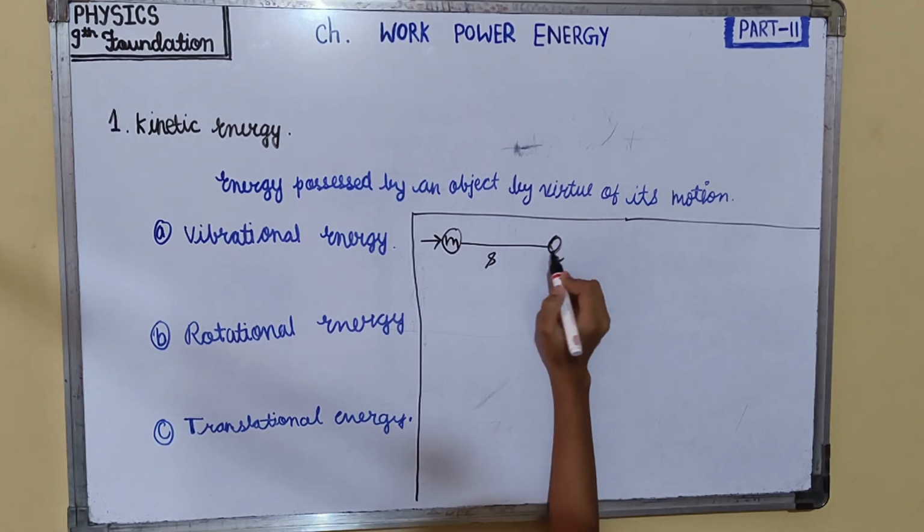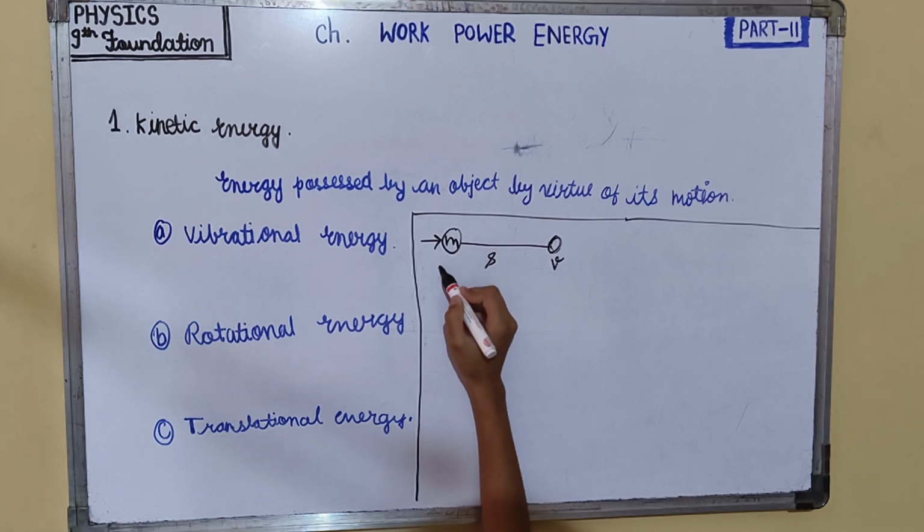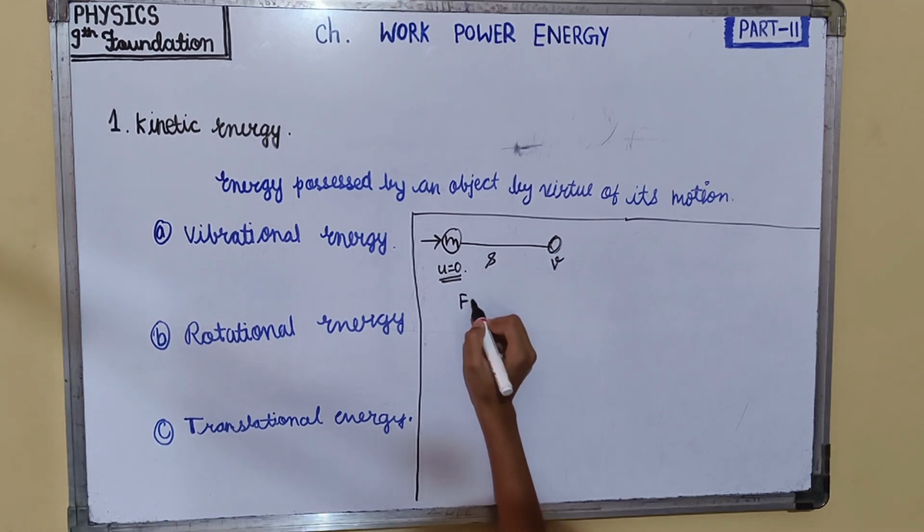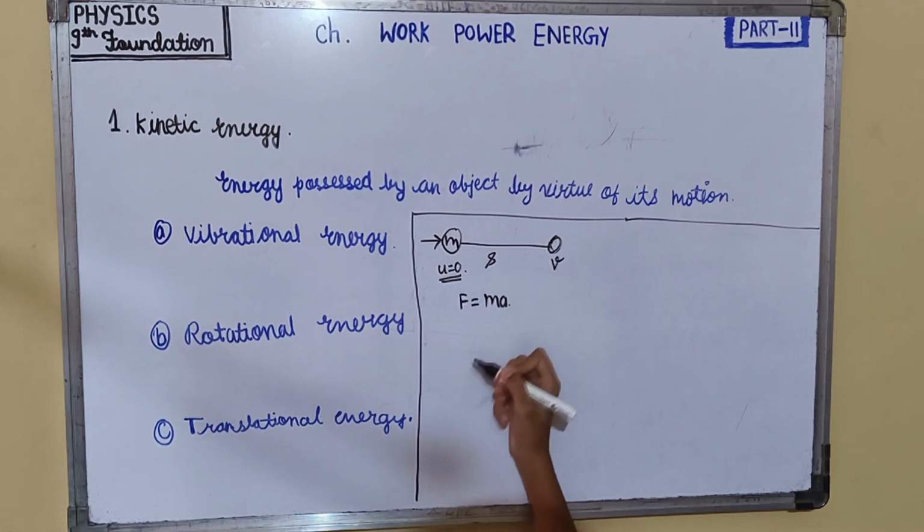And it was at rest, which means u is equal to 0. Now we know force is equal to ma, where a is the acceleration of the body.